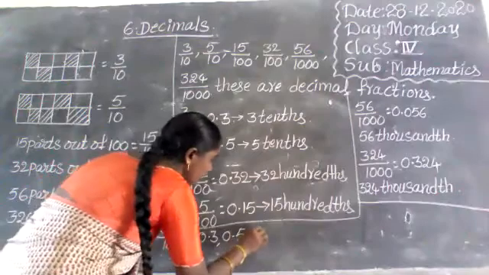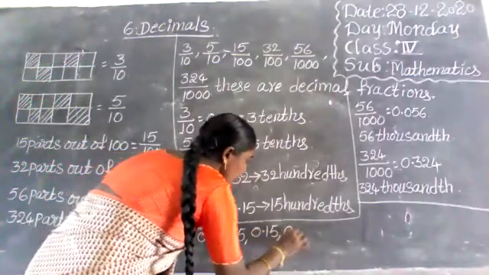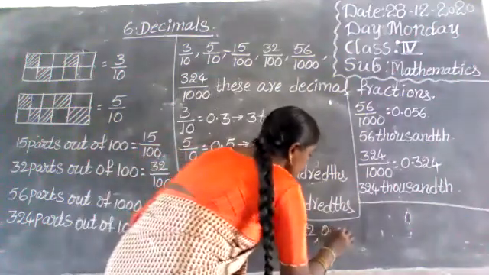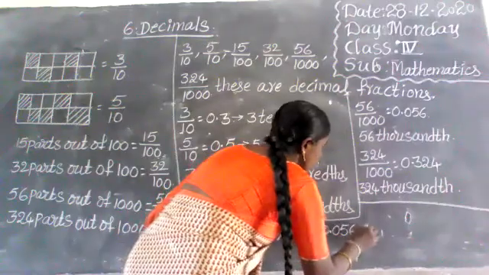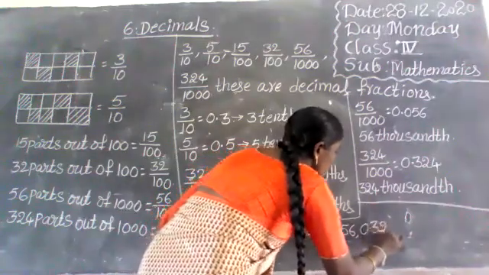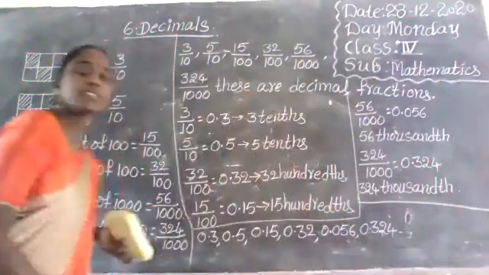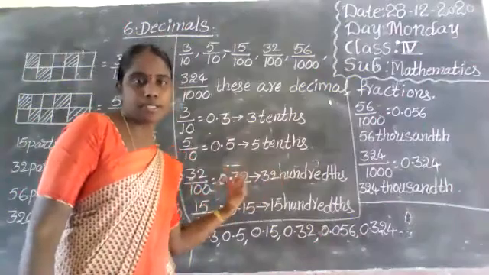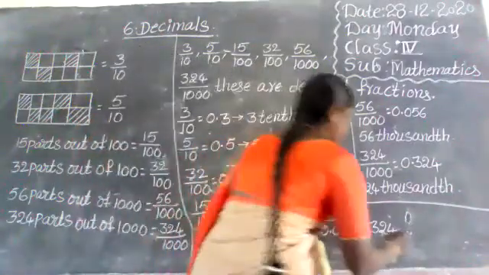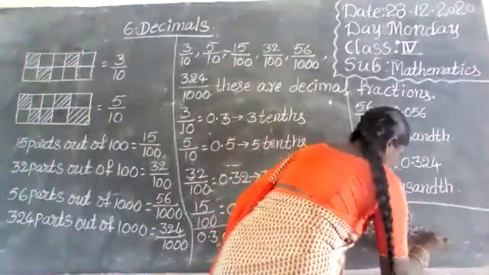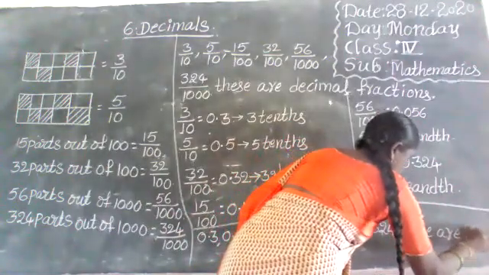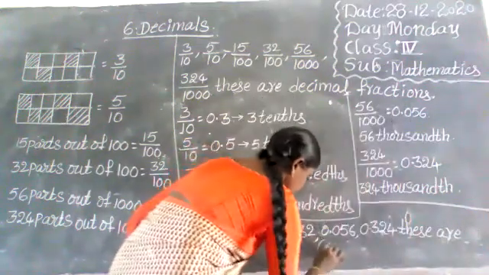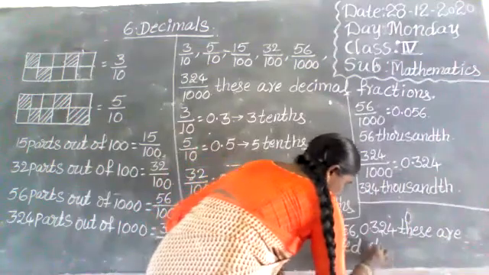Next, 0.15 and 0.32, 0.056, next 0.324. These numbers are called decimal numbers.